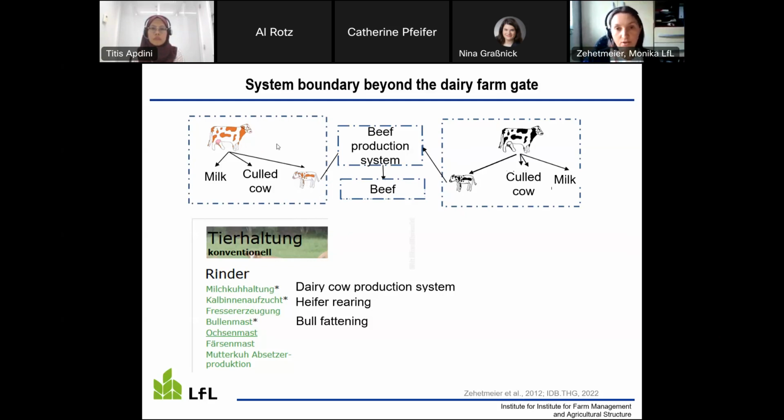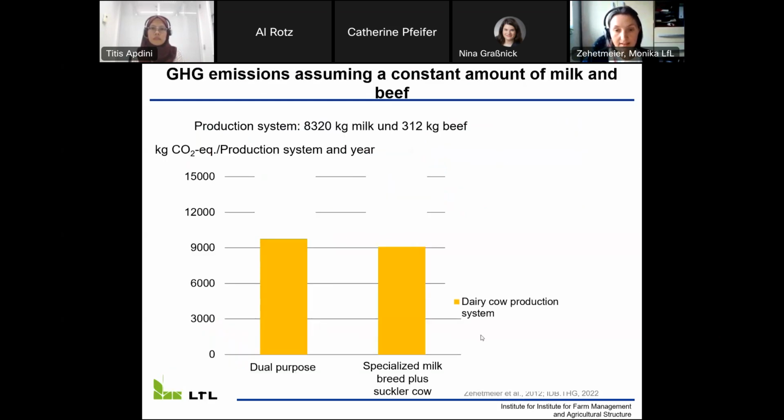You cannot see it yet. The weight is a bit higher, but the potential is not seen at this farm gate. So what you need to do is a combined milk and beef consideration. And for that, it's important that the tool not just stops at the dairy farm gate, but also gives you the possibility to link the bull fattening or the heifer fattening system to your dairy system to make a whole system approach. And if you do so, in the tool, you can see one example.